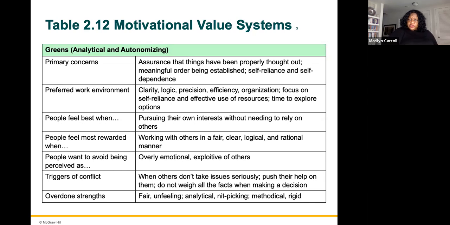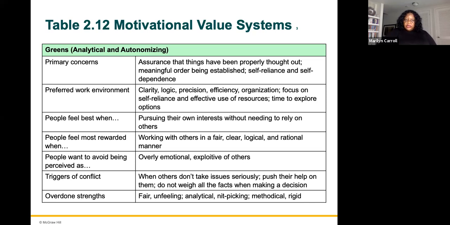Their primary concerns are assurance that things have been properly thought out, meaningful order being established, and self-reliance and self-dependence. Their preferred work environment is clarity, logic, precision, efficiency, organization, focus on self-reliance, and effective use of resources and time to explore options. People feel best when pursuing their own interests without needing to rely on others.